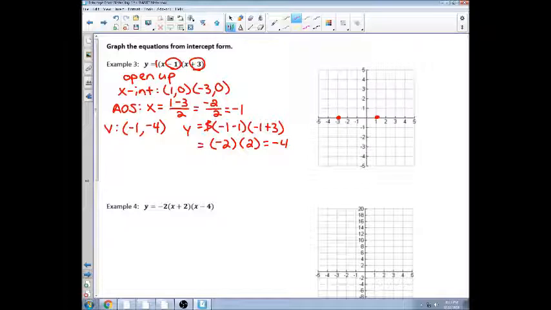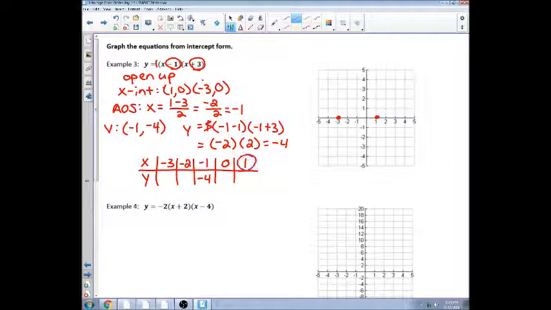Next step is to make my table. So I put -1, -4 in the center. Add 1 would be 0. Add 1 would be 1. Subtract 1 would be -2. Subtract 1 would be -3. Remember that my x-intercepts are 1, 0, and -3, 0.